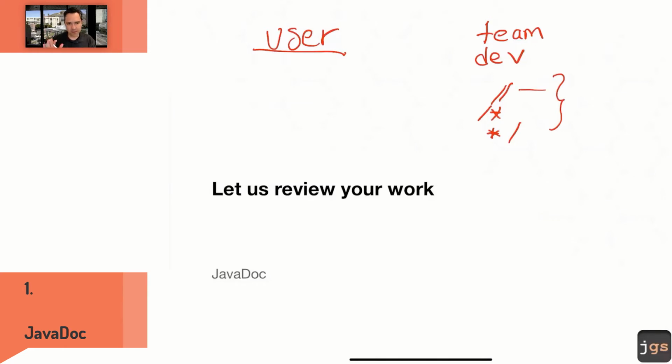These kinds of comments are for you, for your team, for the people that have access to your source code, for the people that are going to be reading the source code and for some reason need more information, need to know something that is not clear in the source code itself. So you put those kinds of comments for you, for the people in your team, for the people that have access to the source code.